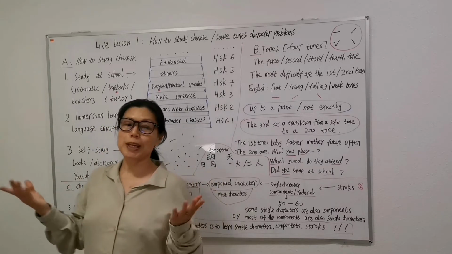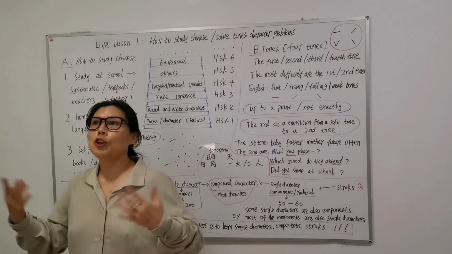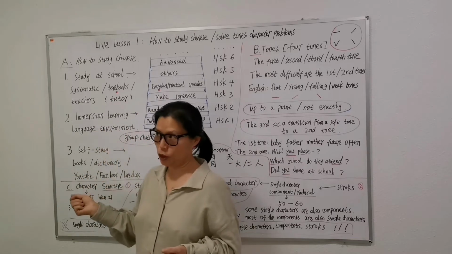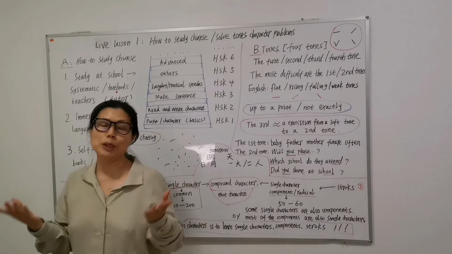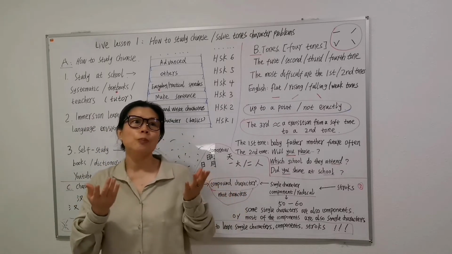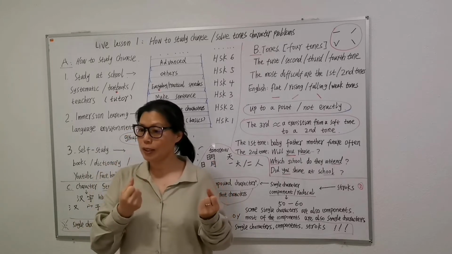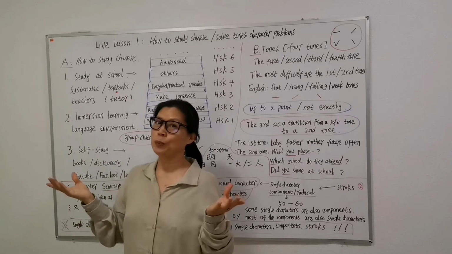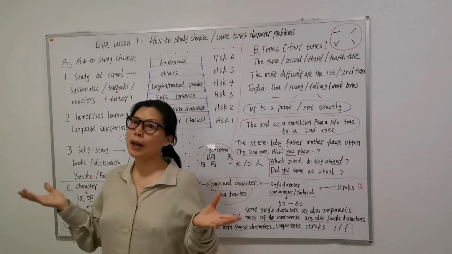The second is immersion learning. Maybe you go to China, totally a language environment, or you don't need to go to China. Maybe there are some Chinese factories in your city, in your country. You go to work in a Chinese factory. You have Chinese co-workers.